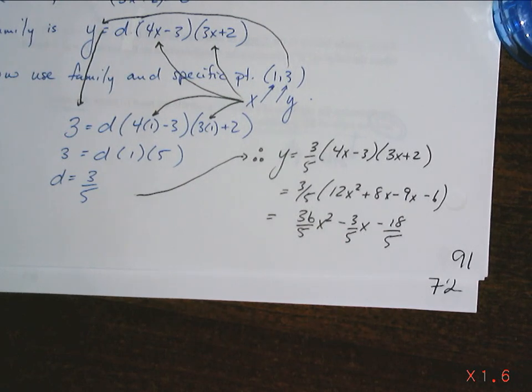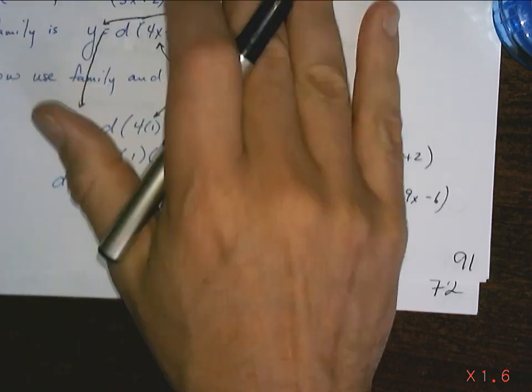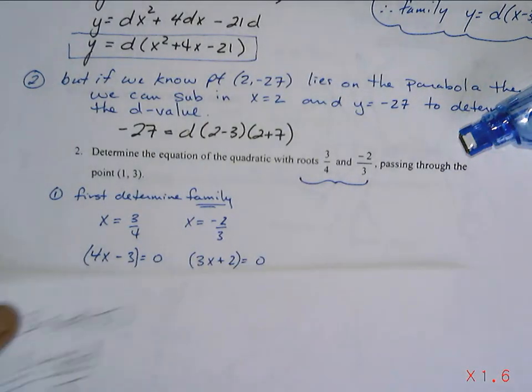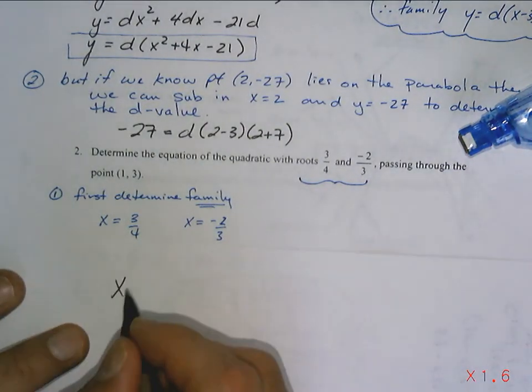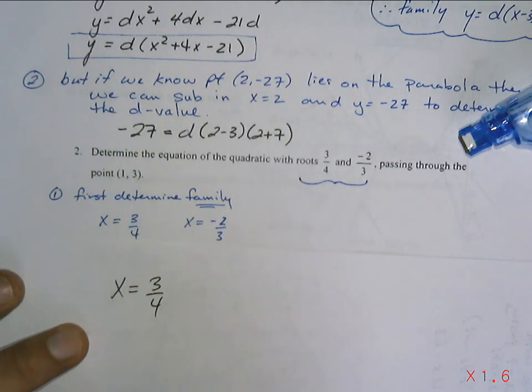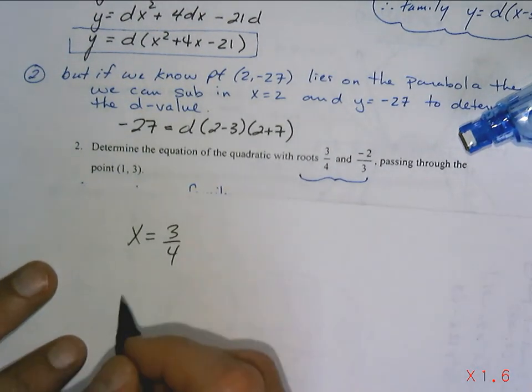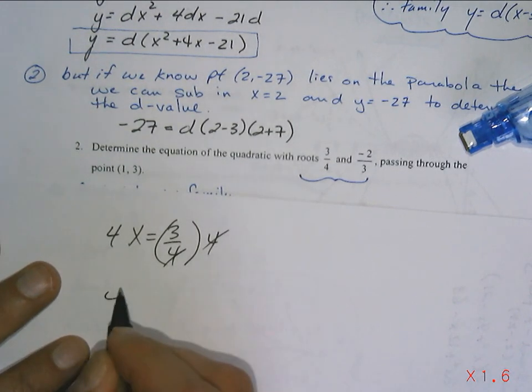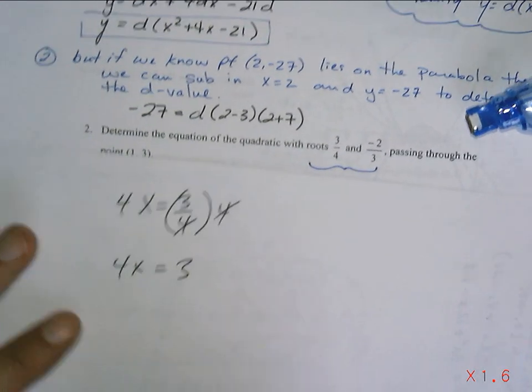Okay. Yes? How did you get from x equals 3 over 4 and negative 2 over 3 to 4x minus 3, like at the very beginning? Okay. Way back here, I've got x equals 3 over 4. Let's work backwards. Multiply both sides by 4. Take the 3 over to the other side.